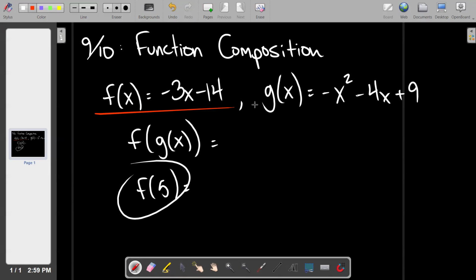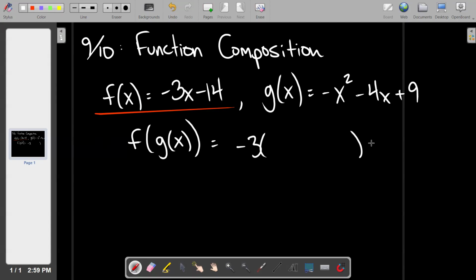So we're going to employ the same thinking in your practice with this because you've already worked through this in an assignment, just different notation. If I say find f of g of x, I'm asking you to do negative 3 times blank minus 14. Notice though, I've left an obnoxiously long blank because what's going into where the x used to be?